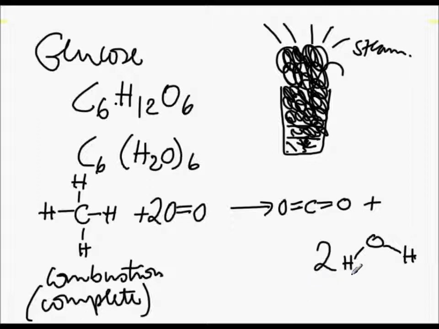Okay, so let's check. You've got 2 times 2 oxygen atoms, 4, 1 carbon, 4 hydrogens, and 4 hydrogens.